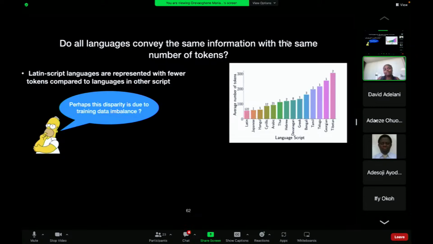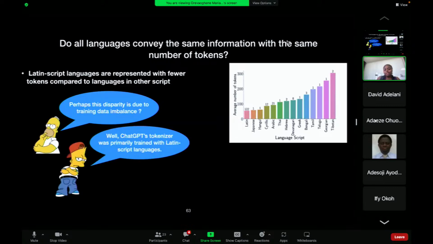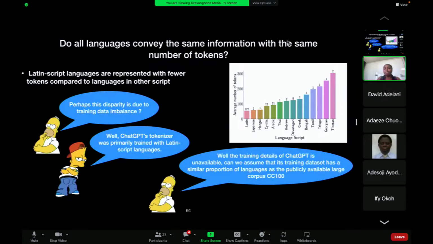And then, okay, you can ask, oh, maybe this disparity is due to training data imbalance. Like, of course, maybe they mostly trained on Latin script languages. I had said before that Latin script languages dominate, like we have more Latin script languages spoken in the world. And yeah, it's agreed, ChatGPT was primarily trained with Latin script languages. But we can't ascertain what it was trained on, like GPT-3, because the training details are not available.